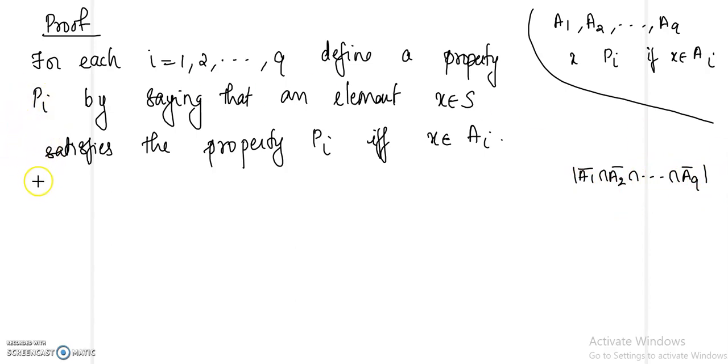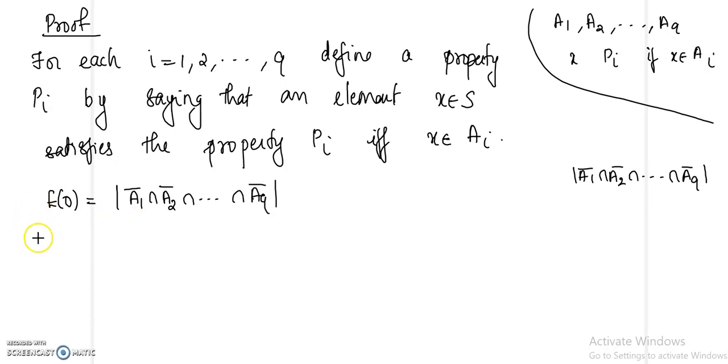So E of 0 is going to be equal to cardinality of A1 complement intersection A2 complement intersection AQ complement. So E of 0 counts the number of elements which possess none of the properties. So the number of elements in the set A1 complement intersection A2 complement intersection, etc., AQ complement gives the number of elements which possess none of the properties.